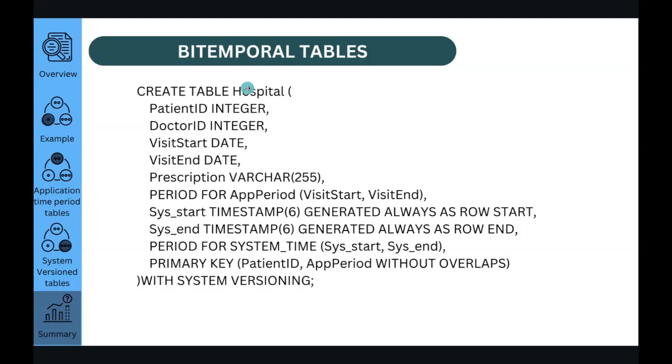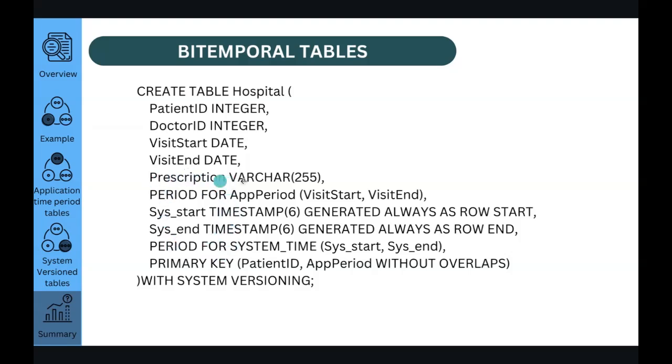So this is the format for creating the hospital table, where the patient ID is there, doctor ID is there, visit start and end time. This is the valid time which can be manually input, and the system start and system end is the time which is entered automatically by the machine.